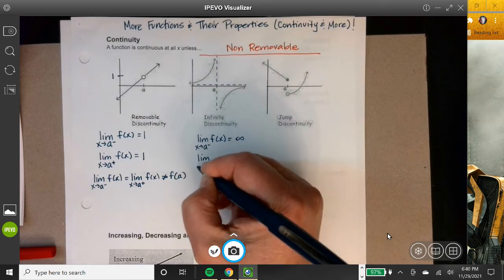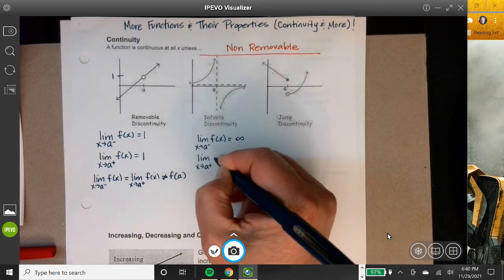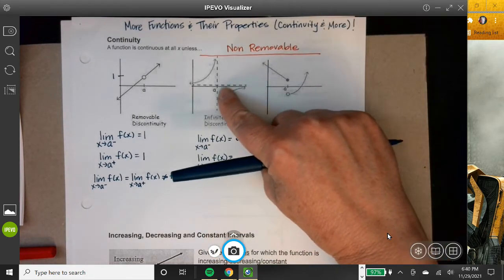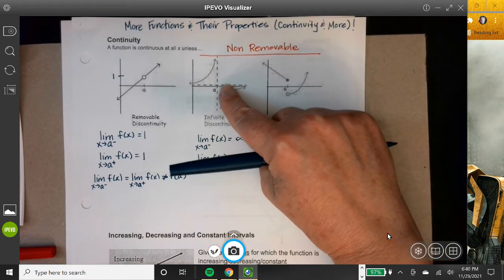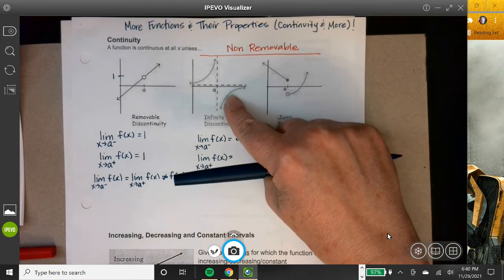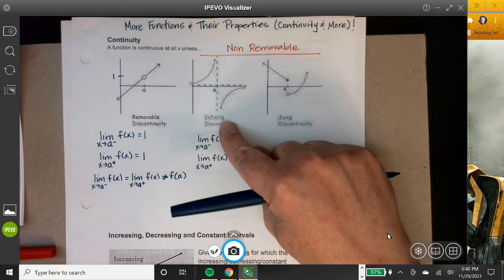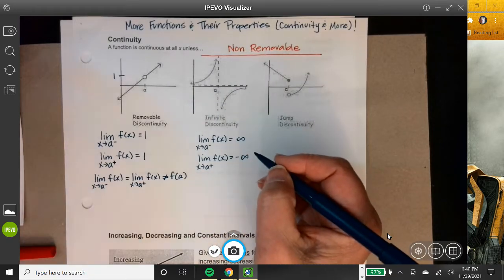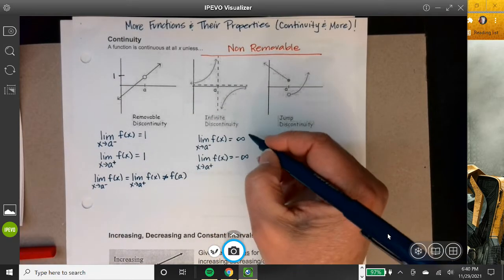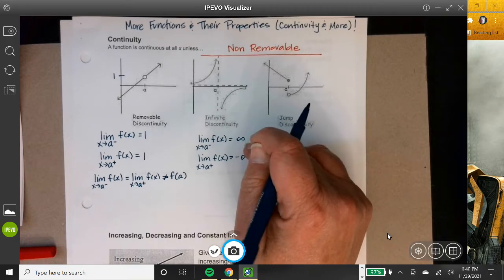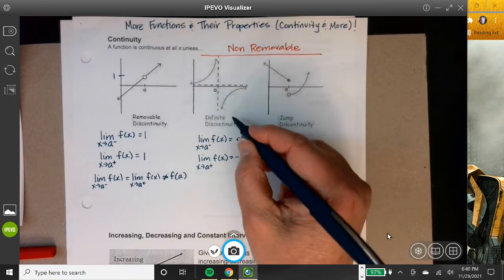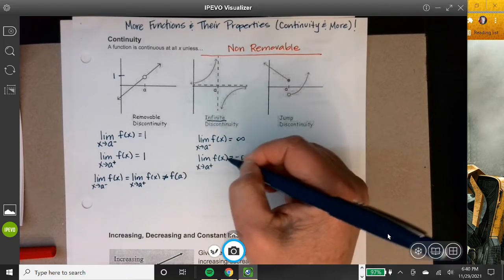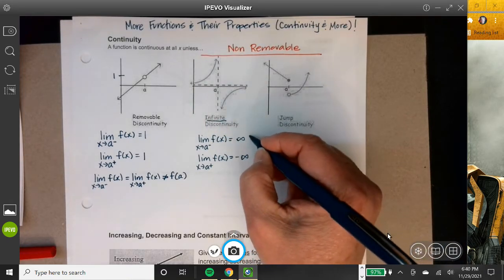And the limit as x approaches a from the right side of f of x, in this case, as x gets closer and closer to a from the positive side, my y value is getting closer and closer to negative infinity. What makes this different than the jump discontinuity is that in an infinite discontinuity, the limits as you get closer and closer to a are infinite.